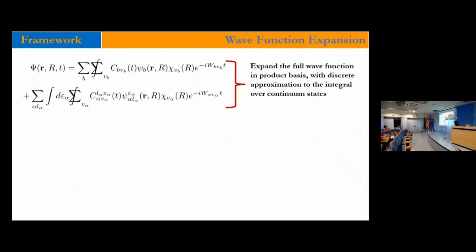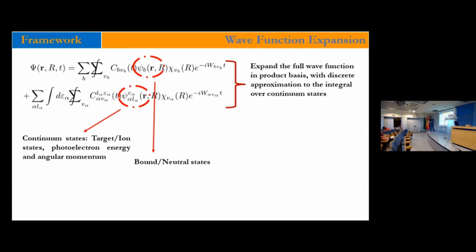Briefly, I'm not going to spend too much time on this, but what we do is expand our time-dependent wave function in eigenstates of the Hamiltonian. This expansion will include the bound states of the molecule or atom that are below the ionization threshold, and the continuum states that depend on the state of the cation that you leave behind, the angular momentum of the photoelectron, and obviously the energy of the photoelectron.